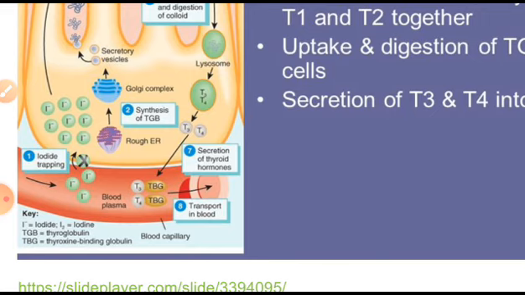So unless these MIT and DIT are combined, they are of no use. They are a kind of inactive form. When these DIT and MIT get clubbed together and form tetraiodotyrosine or triiodotyrosine, then they become useful. T3 and T4, not the T1 and T2, you can say.